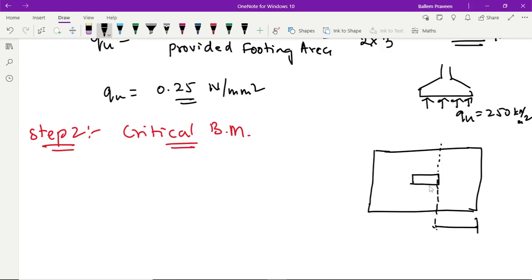So if you consider this, this L will be different. Let us consider this L1, and if you take this face, this L will be different, right? So these two spans L1 and L2 are different, so you need to calculate the moment about L1 and the moment about L2. Or in another way, if you consider this as XX and this as YY, you need to calculate the moment about XX and about YY.